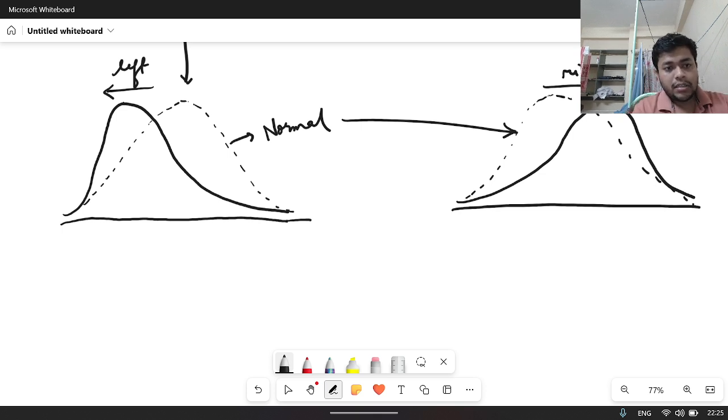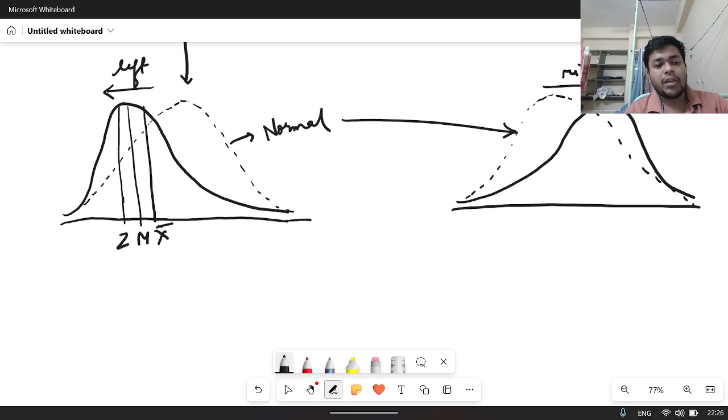In normal distribution, we know the mean, median, and mode are at the same point. But when the graph is shifted towards the left, the mean, median, and mode will be somewhat like this. This will be the mean, this will be the median, this will be the mode. So from the normal distribution, the mean, median, and mode have shifted towards the left.